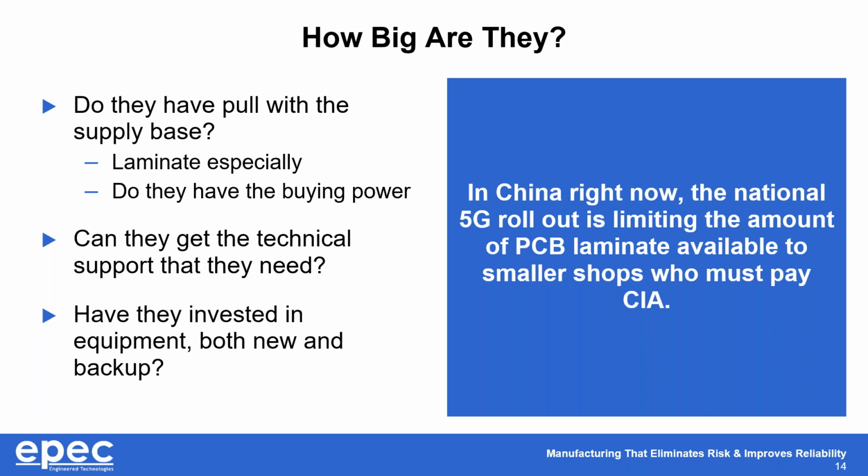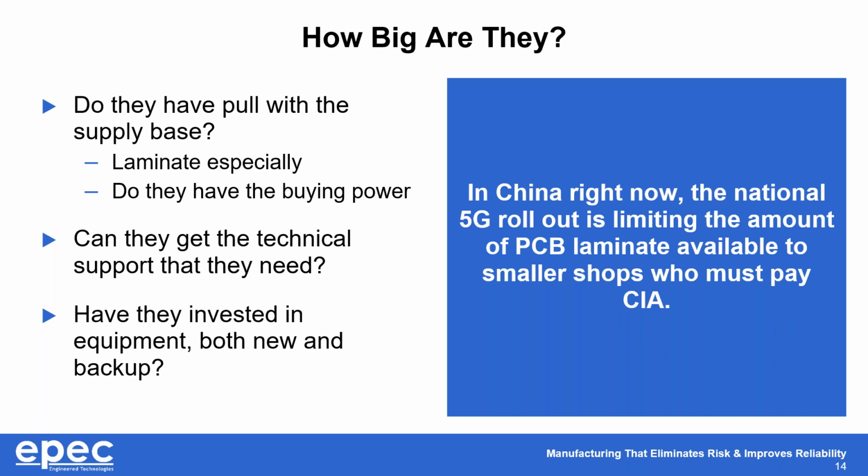And can they get the technical support that they need from their suppliers? If you're working with a chemistry supplier, or somebody for embedded resistors, do you do enough work to get their guys to help when there's a technical challenge? Or when a customer has some questions they want answered, can they get the help that they need because they're big enough, right?